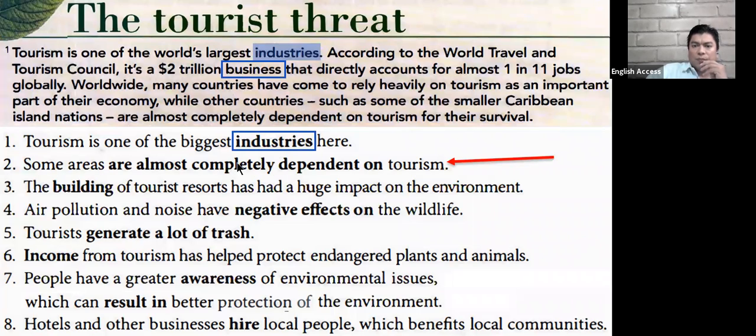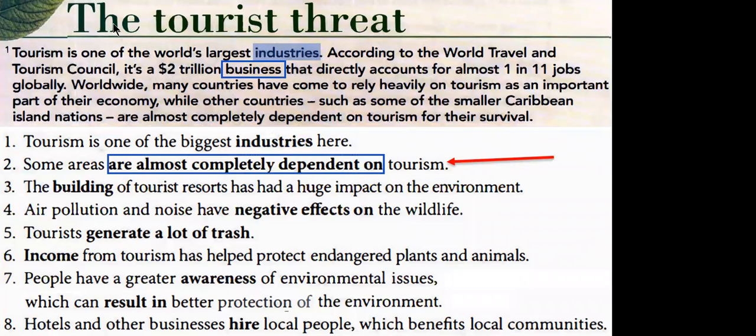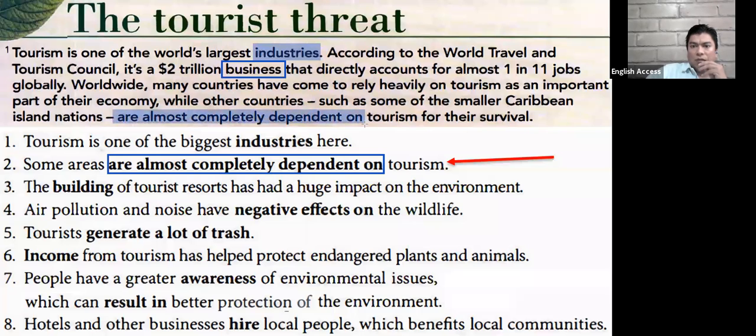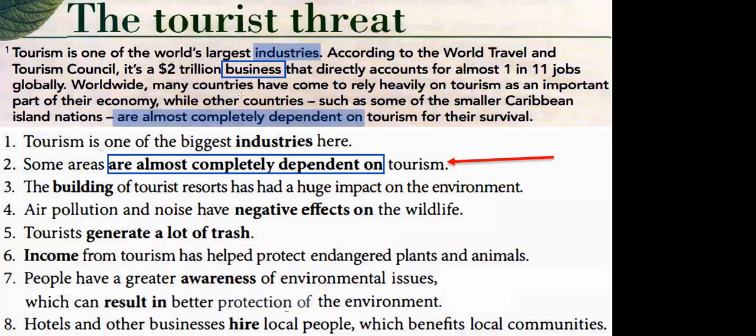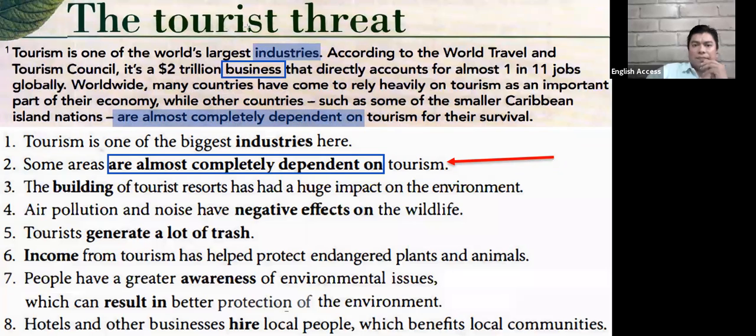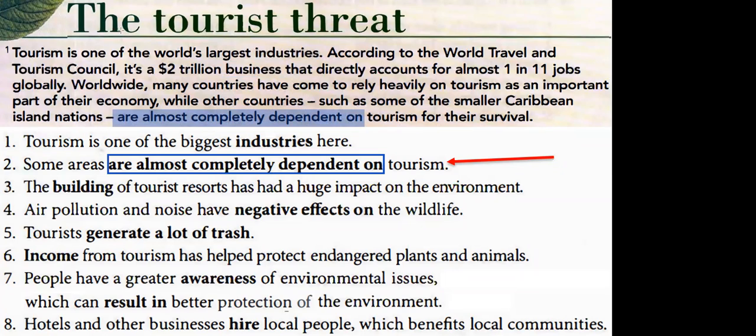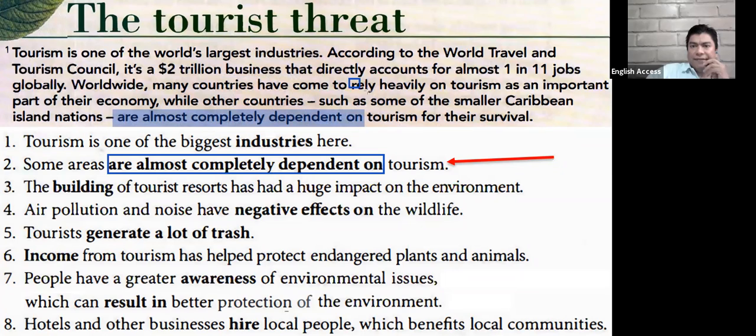Let's go for number two. Some areas are almost completely dependent on tourism. Now we need to find the last part, almost completely dependent on. Now in this same paragraph, we can find another expression that has the same meaning. What expression would that be? Rely heavily. Very good, that's correct.